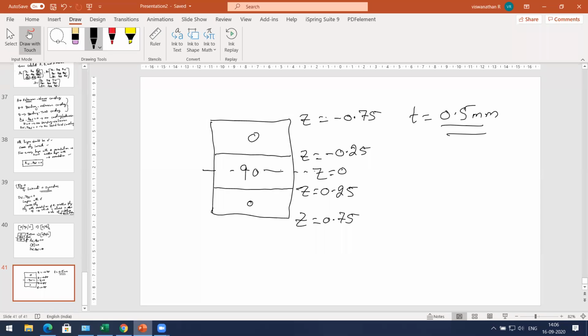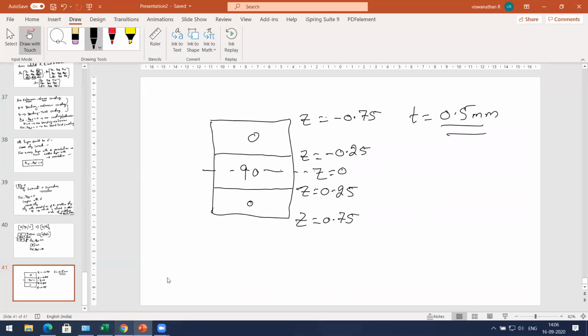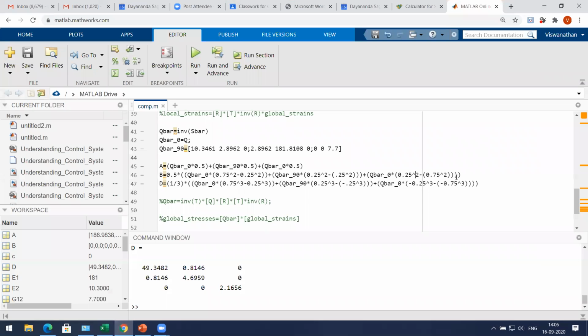And then for the next one, it is minus 0.25 square minus of minus 0.75 square. So this is how you have to go for this. Okay. So then you get this B matrix.